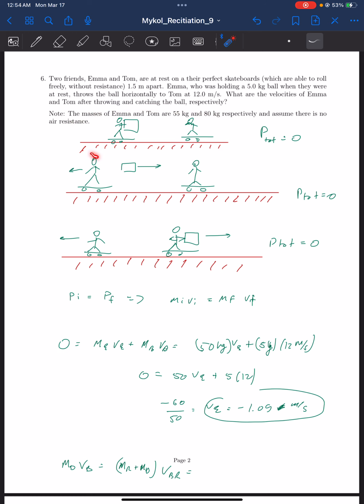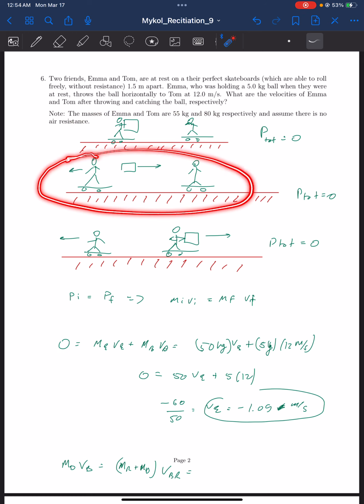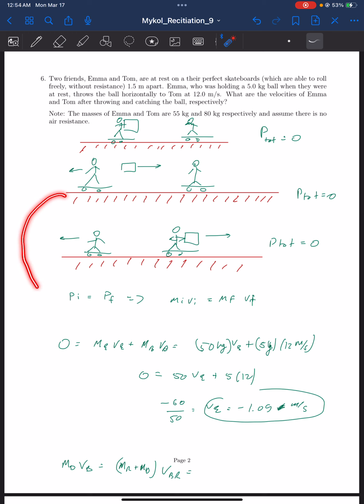In this scenario, initially, the momentum is 0. Now, because momentum is conserved, the total momentum of this scenario will be 0, but it will be expressed via the following equation, where we have the addition of Emma's mass and her velocity, and then the mass of the ball and the velocity of the ball. Now, Emma is 50 kilograms in mass. We do not know her velocity.